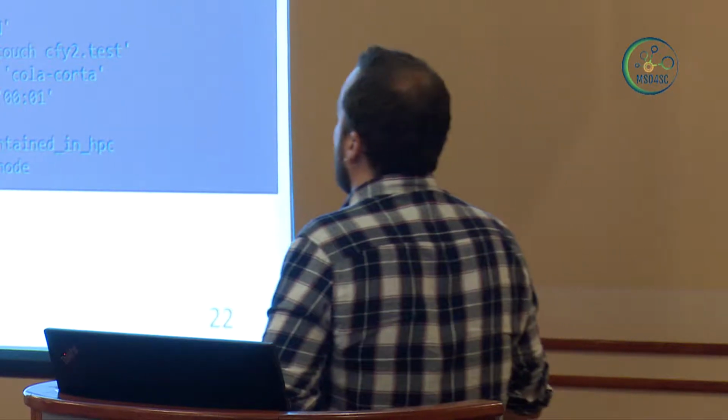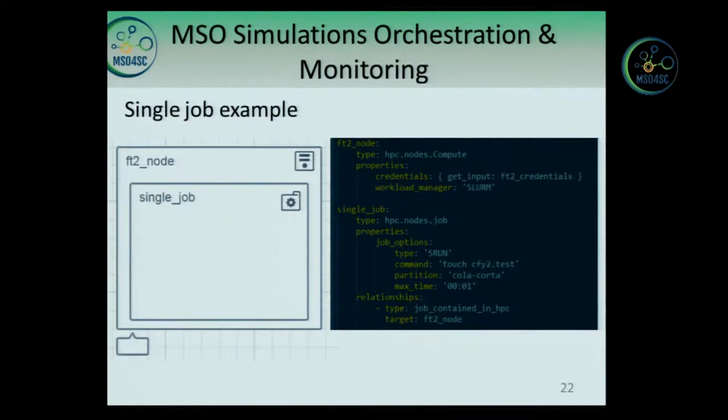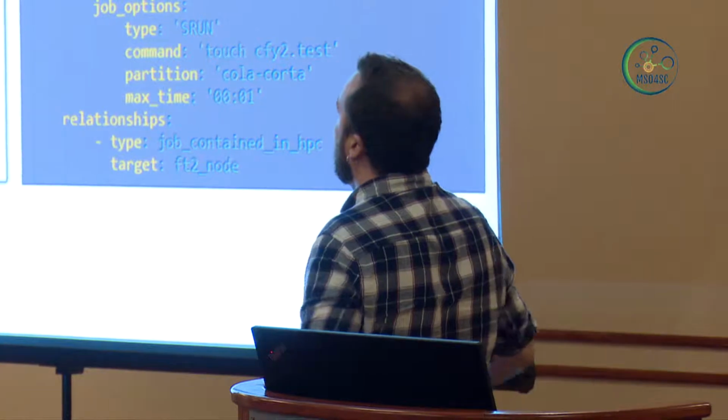Okay, I'd like to show you some examples of these Tosca files in order to show you how different things can be modeled in the system, and these things will then be used by the orchestrator and the monitoring part. In this case, this is the Tosca file, and this is the graphical view of this Tosca file.